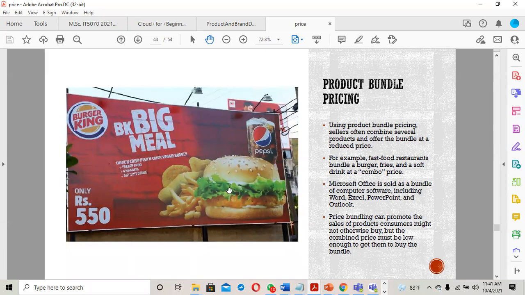Okay, so we are not just selling you this, we are selling you this, and this only for just $5.50. So the people feel like, man, this is a lot of food. So paying $5.50, that's okay.